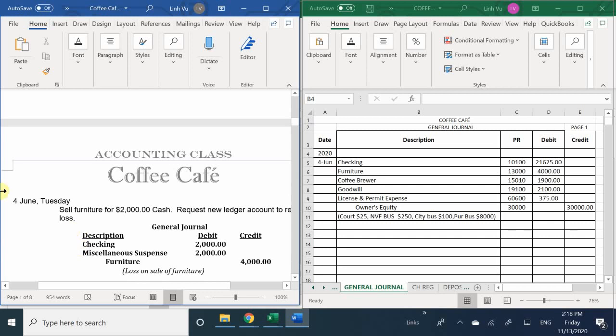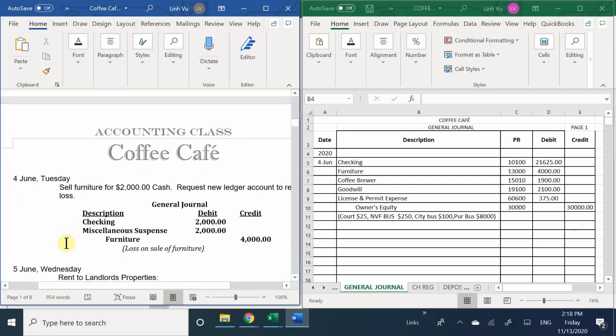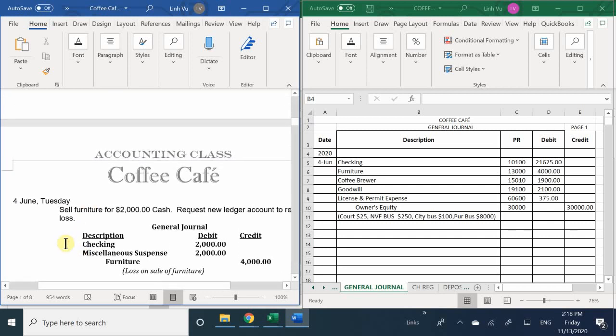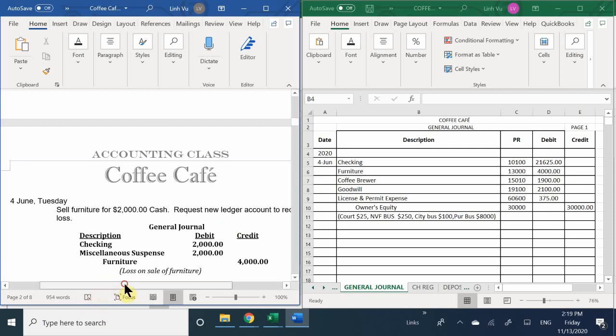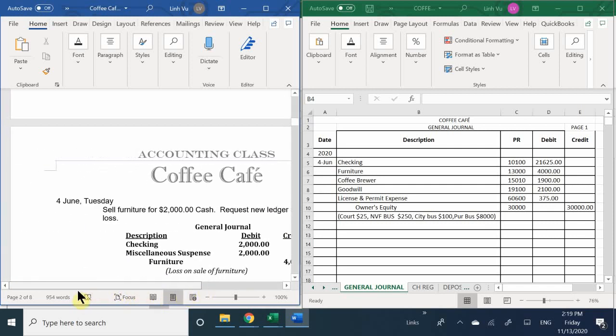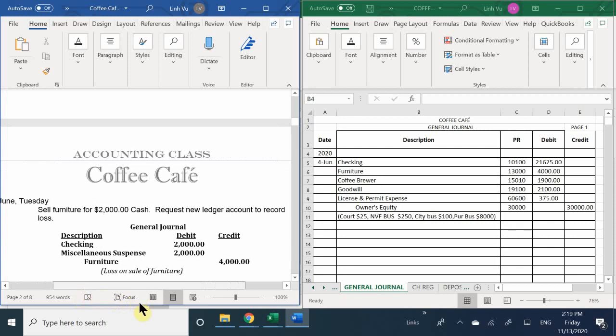Here on the same day, we turned around and sold the furniture for $2,000 cash. We also had to request a new ledger account to record the loss.